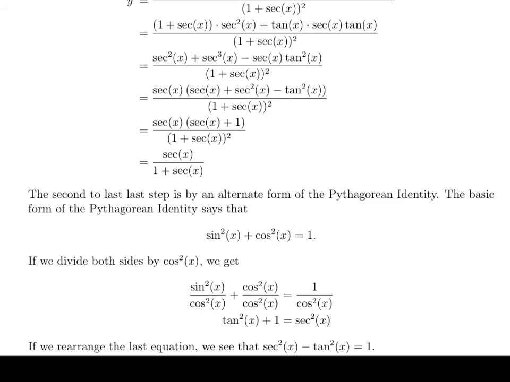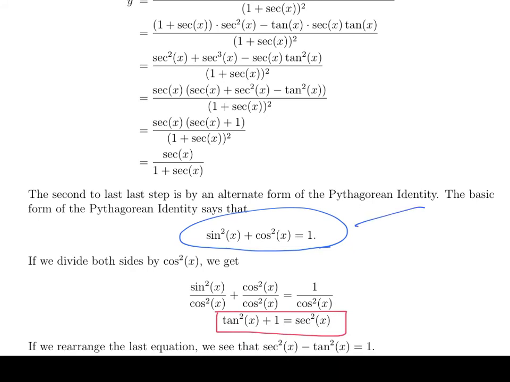You might not remember this trig identity, but I do think it's worth remembering the existence of it as an alternate form of the Pythagorean identity. Now obviously everybody has to remember the Pythagorean identity itself. I've got to be perfectly honest, if you don't remember it at this stage, then you've got bigger fish to fry than worrying about all these derivatives.